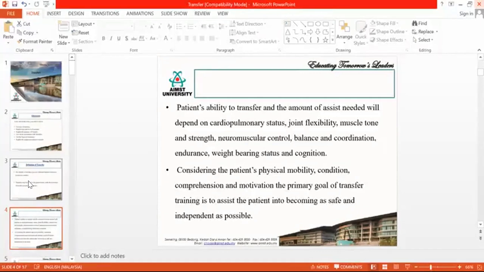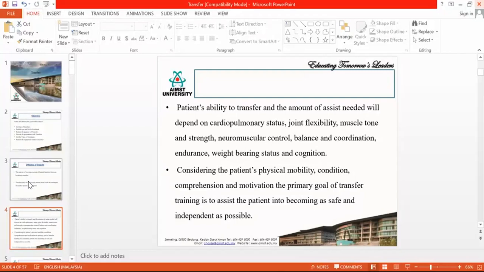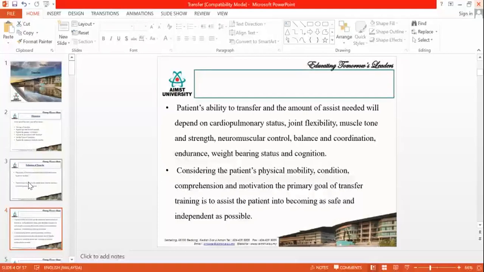For example, a person has some cardiac problem and is on a ventilator. A ventilator is the machine attached for respiration, so the person depends on it. When you are transferring the person, you cannot just disconnect the ventilator and shift the patient, isn't it? If you disconnect the ventilator, the patient may die.